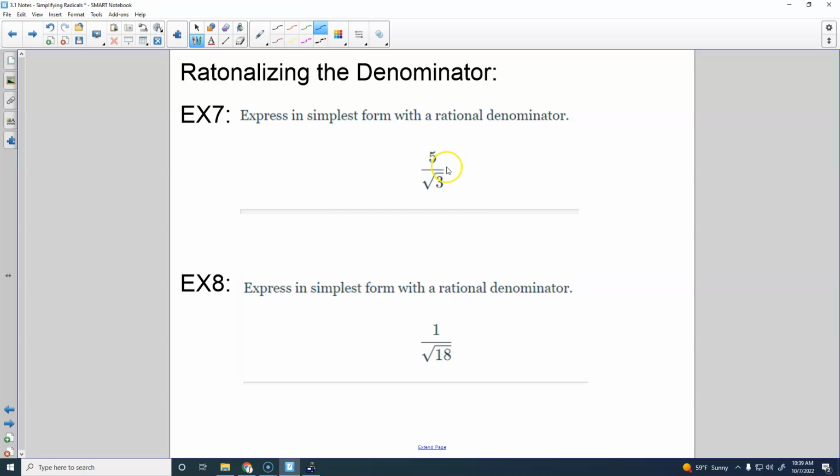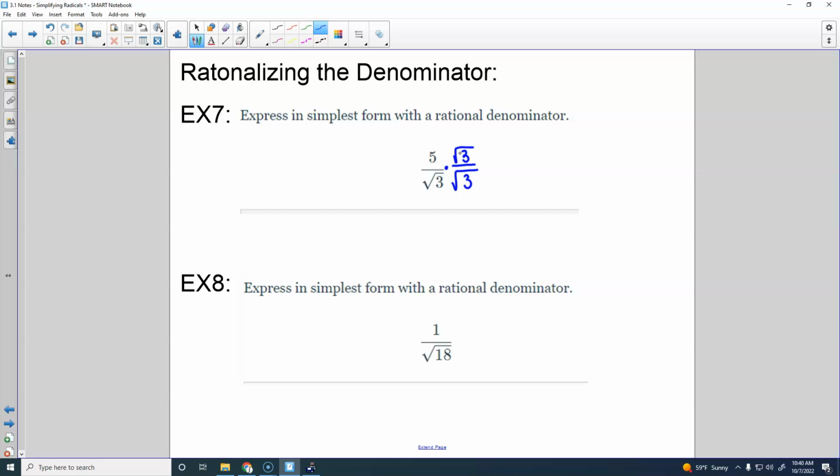So they've decided that we shouldn't have one in the denominator, I guess because it can't be written as a fraction. They don't want that in the bottom of a fraction, right? So if we want to get rid of the square root in the denominator, what we can do is multiply by that square root on the top and the bottom of the fraction. Okay?